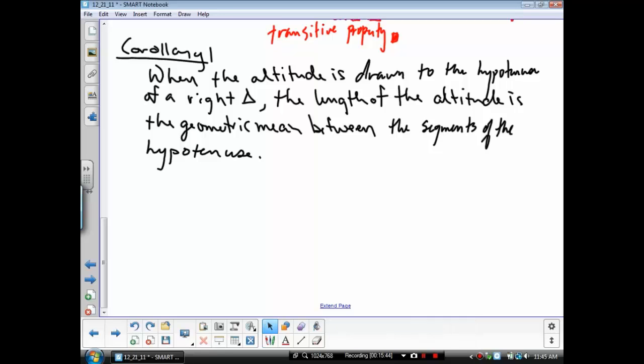So again, we need that picture drawn where we have a right triangle and we have an altitude drawn to the hypotenuse.